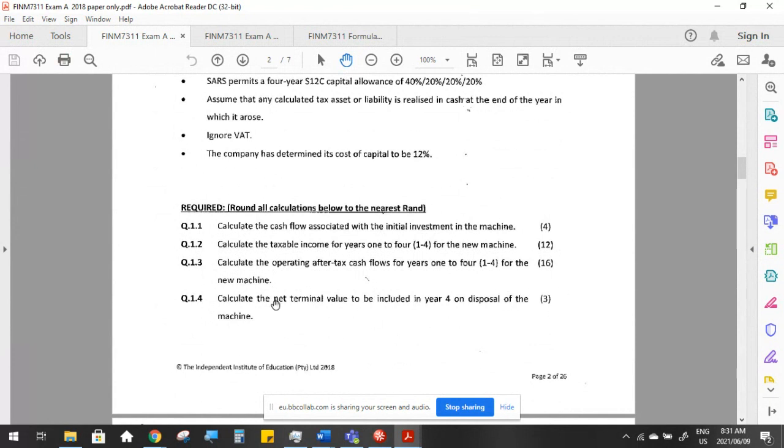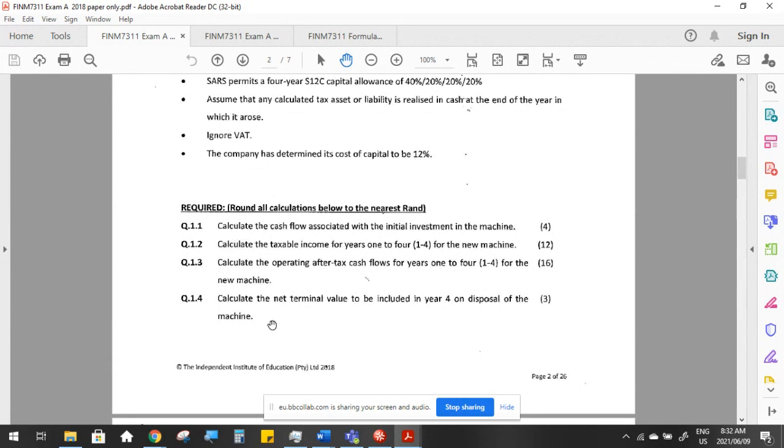And lastly, calculate the net terminal value that must be included in year 4 on disposal of the machine. So this is basically a full capital budgeting exercise, just like you have in your textbook. It's nice the way they've broken the question down into these 4 sections.